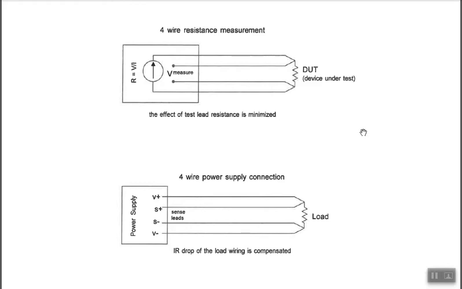Like a 4-wire resistance measurement you might have run into, or with a bench DMM where you have test leads, for a device under test that's a very low resistance, and you don't want to include the resistance of the test leads.